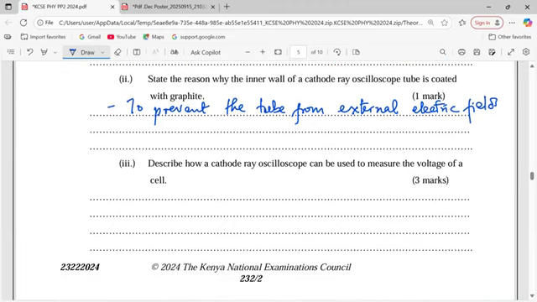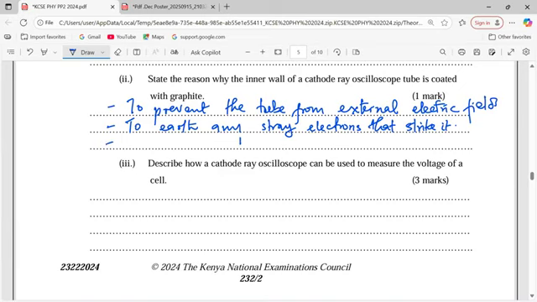It can also be used for earthing, because if any electron strikes it, then it gets conducted away. So to earth, or rather conduct away, any stray electrons that strike it.